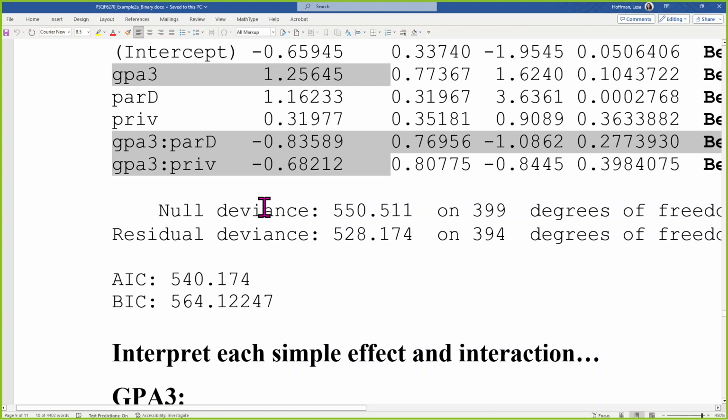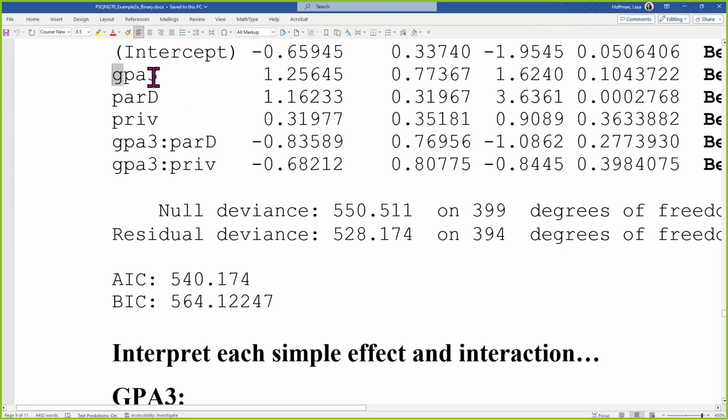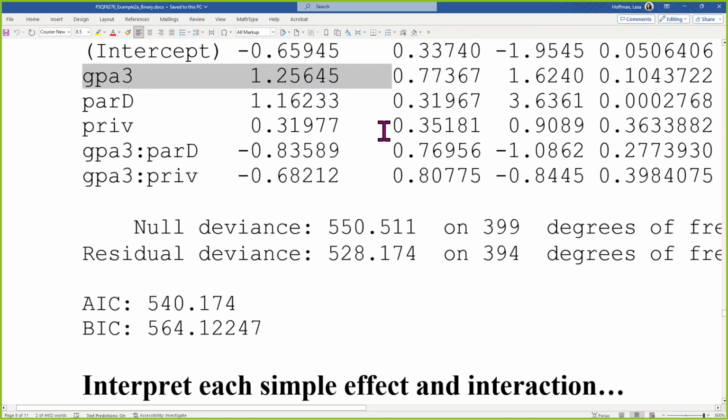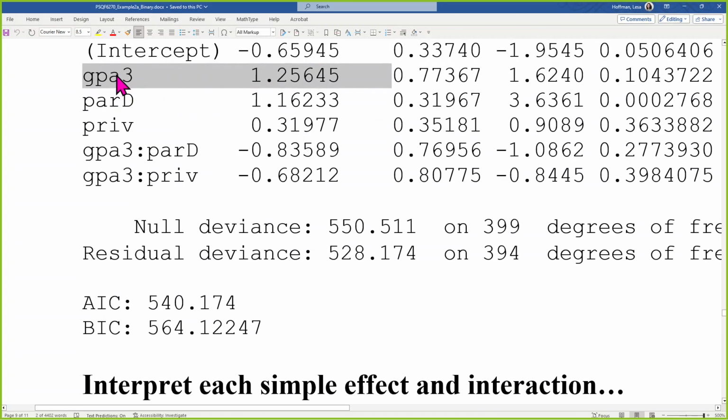So then it would be for people whose parents don't have a graduate degree. That's right. So this simple slope, as they call it, I hate that term, let's go with conditional slope, is specifically when the interacting moderators are 0. So that means the slope given by the model is for somebody whose parents did not go to grad school and who went to public college.